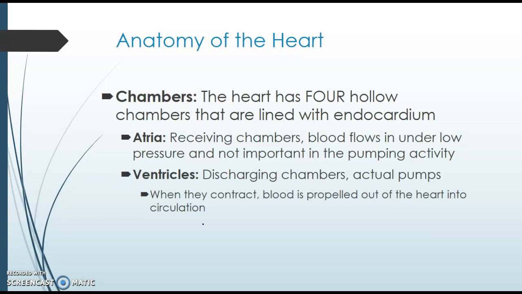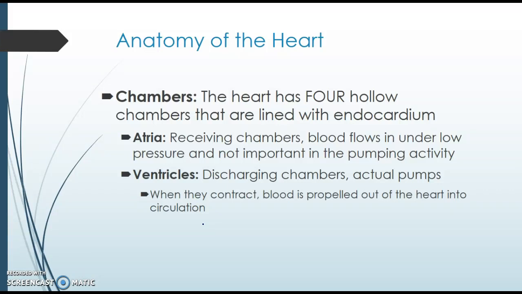So now we're going to move on to the chambers. Your heart has 4 chambers. We are a 4-chambered organism, a lot like our other mammals. And it's going to be lined with the endocardium. You have 4 chambers. 2 of them are going to be atria. 2 of them are going to be ventricles. Your top chambers, so the chambers that are most superior, are going to be your atria.